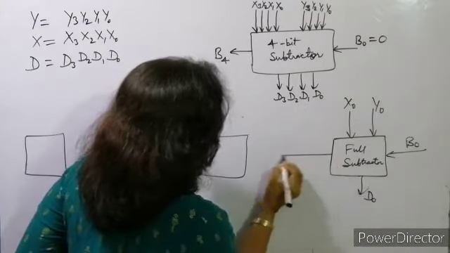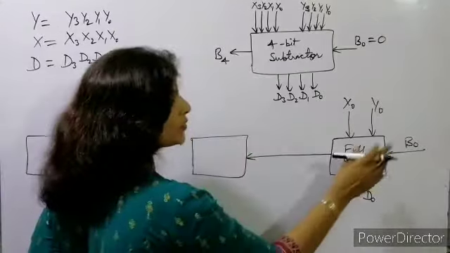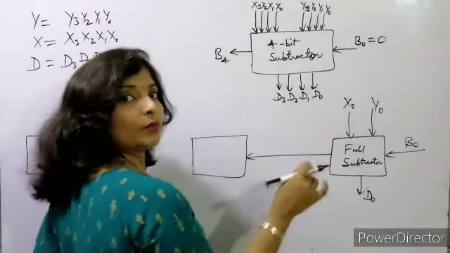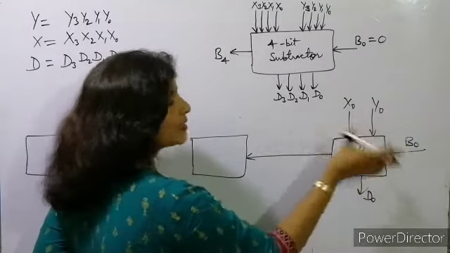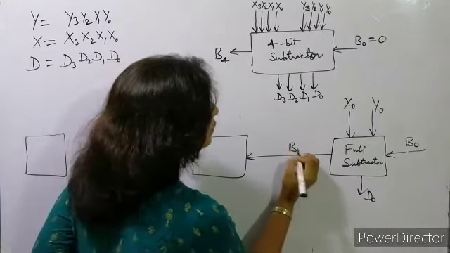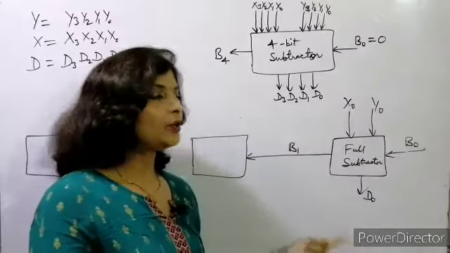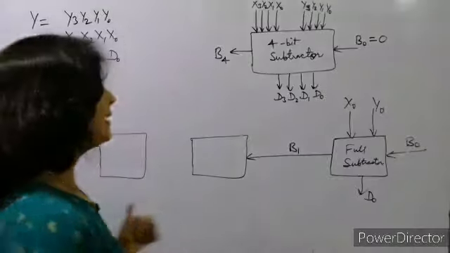Okay, and now there will be 2 outputs and 3 inputs: b0, that is the borrow input, borrow in, that is b0. So b0, y0 and x0 are inputs, and the outputs will be d0 and b1, that is coming out. The b out we have taken here as 1, so b1 is coming out, that will be the borrow out, the borrow that is coming out here.